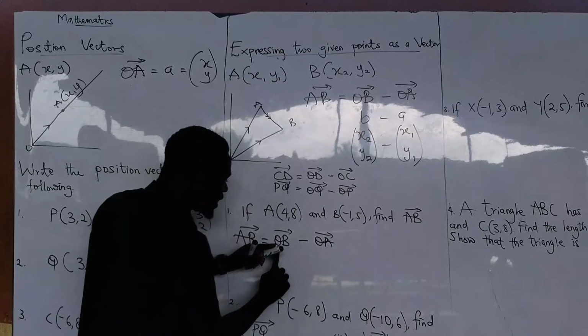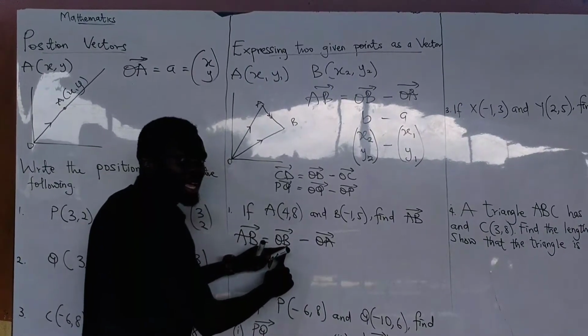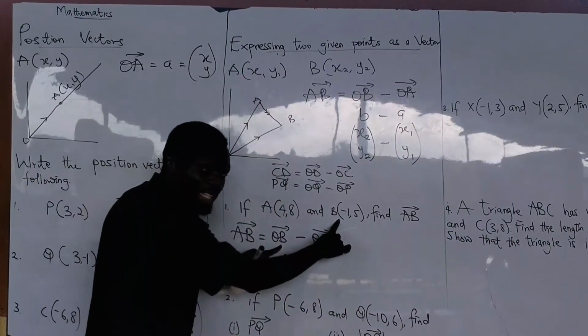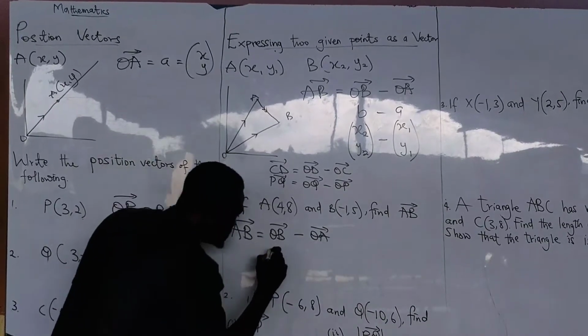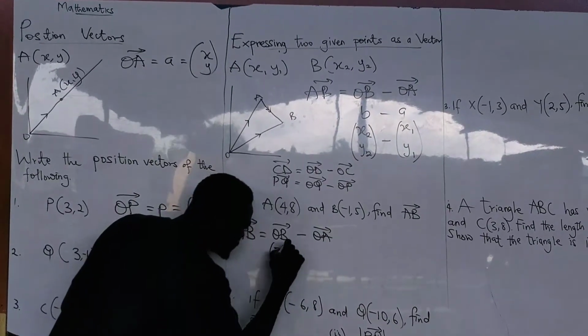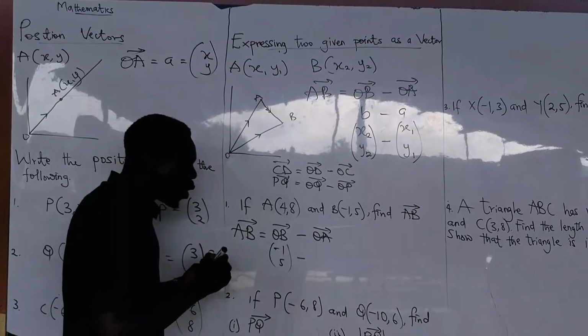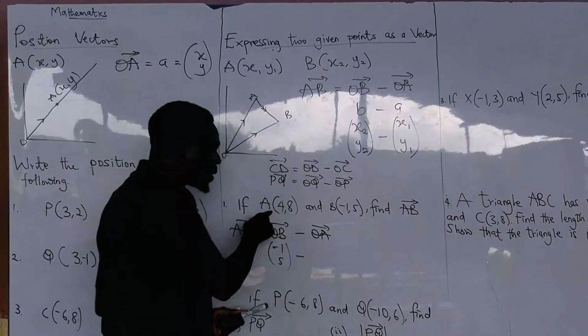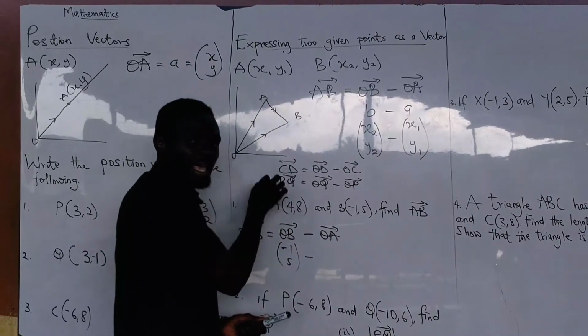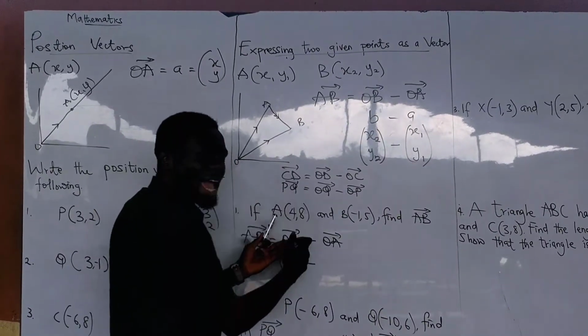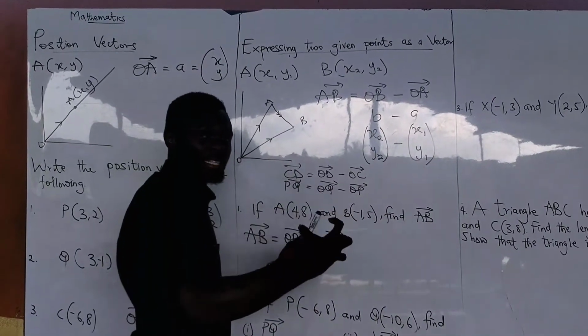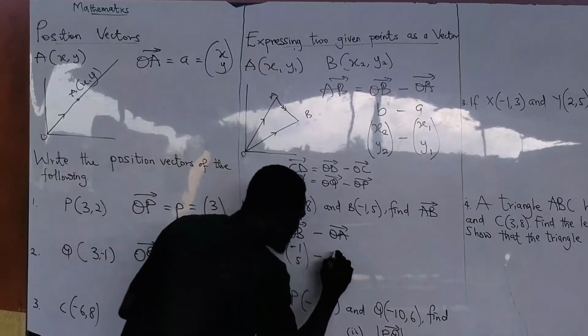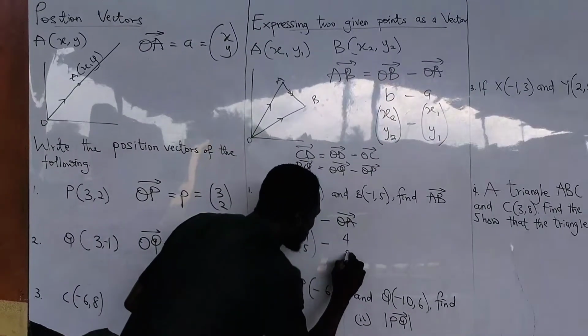So I'm just going to change OB, which is the B point, into a vector. And that will give me negative 1, 5 minus OA. OA is now a vector, but I have the point as A. So to change A into its position vector, OA, I'm just going to write this in a vertical way as 4, 8.